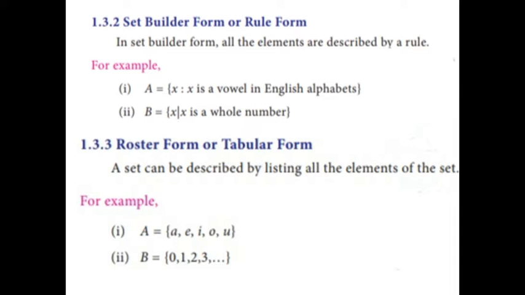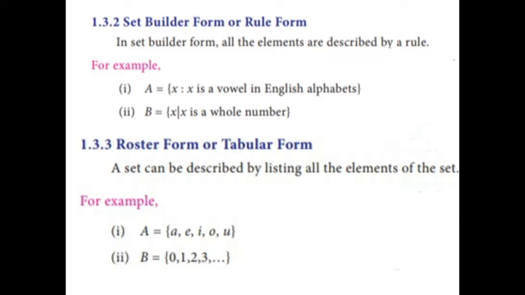The second is the set builder form. In the set builder form, the elements of a set are described by a rule. For example, A equals the set of x such that x is a vowel in the English alphabet. This is described by a rule. What is the rule? It is a vowel in the English alphabet. The next example, B equals the set of x such that x is a whole number.